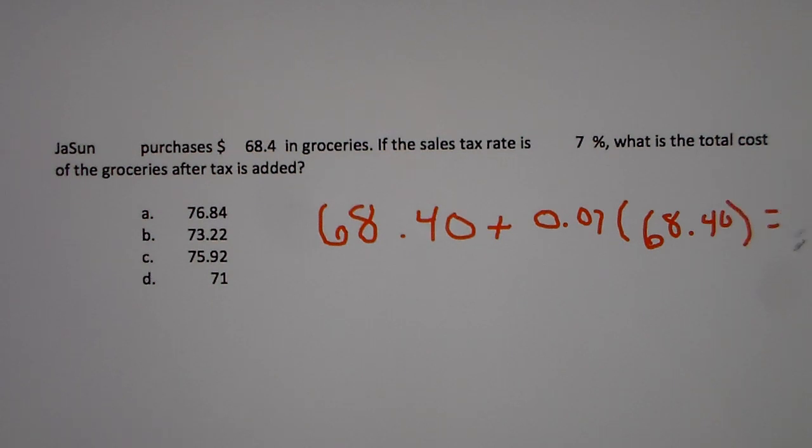We're going to find out what that equals. So we take our total plus 0.07, because that's what represents 7%, times the 64.40, that total again.